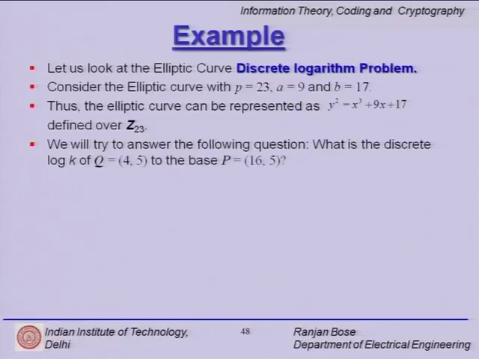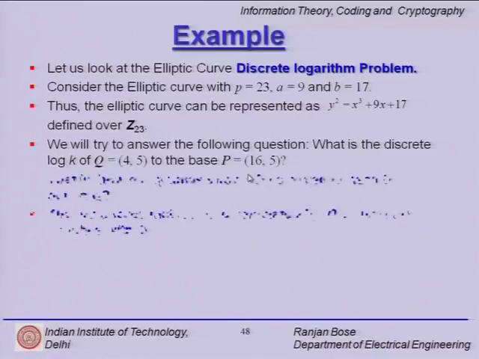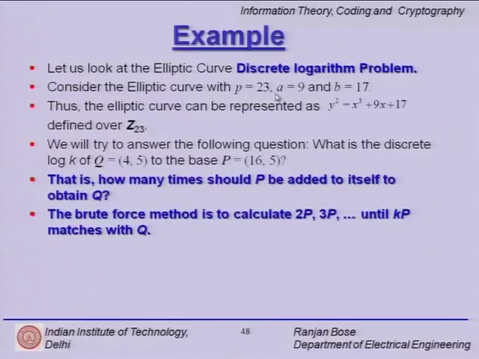So, the elliptic curve gives a discrete logarithmic problem to be considered. Take the elliptic curve we looked at with p equal to 23, a equal to 9 and b equal to 17. So, if we change a and b from 1 and 1 to these, then you have a parallel problem here.